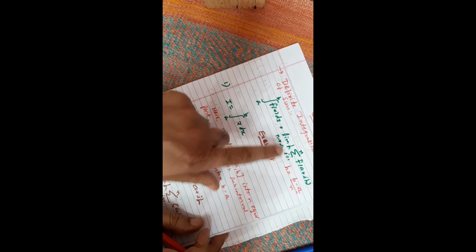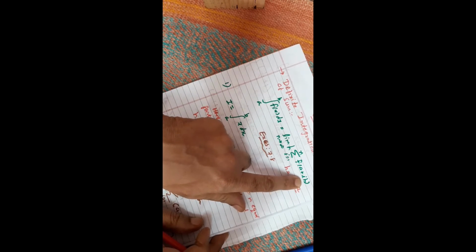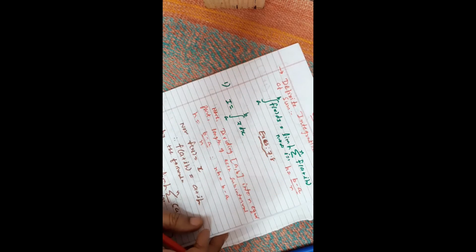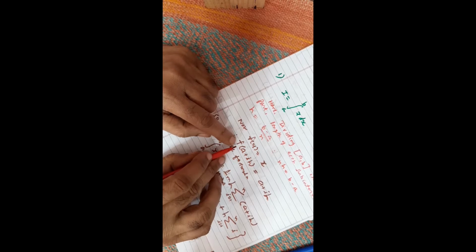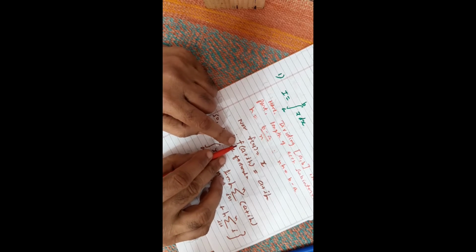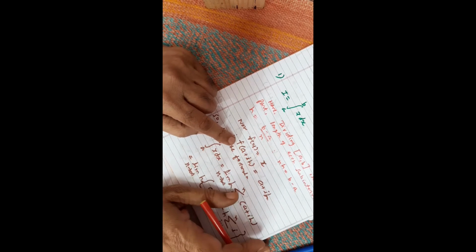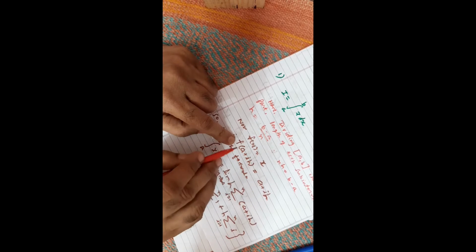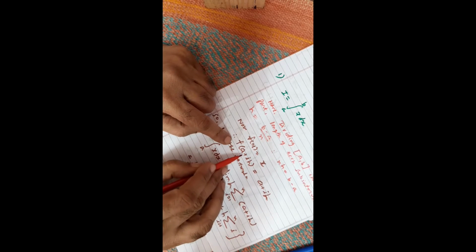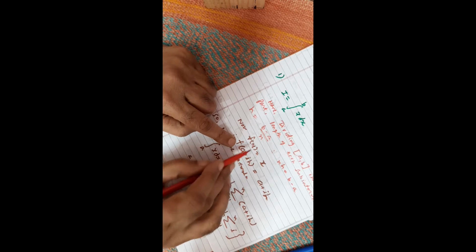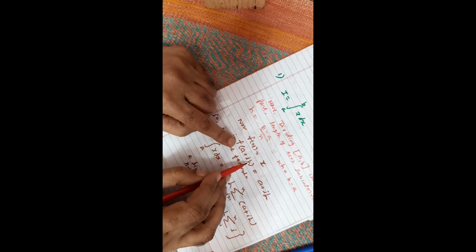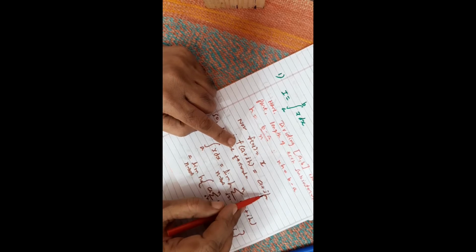So first f(a + ih) has to be simplified. In every sum, first of all, I always find out what f(a + ih) is. You know f(x) equal to x. So for f(a + ih), instead of x, put a + ih.